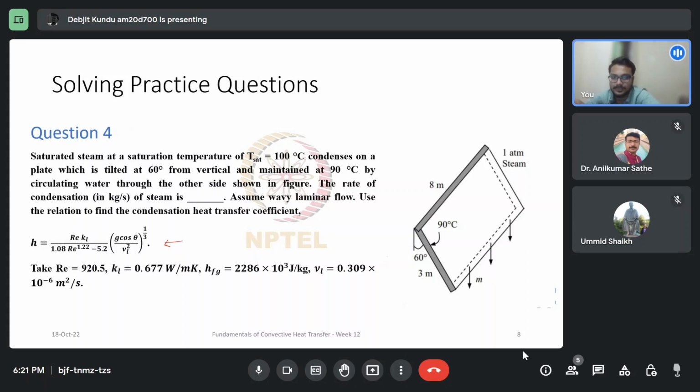The data given are: Reynolds number is 920.5, the conductive heat transfer coefficient of the liquid is 0.677 watt per meter Kelvin, the latent heat HFG is 2286 into 10 to the power 3 joules per kg, and the kinematic viscosity nu L for the liquid is 0.309 times 10 to the power minus 6 meters squared per second. So have a shot at it, then we will try to do this together.